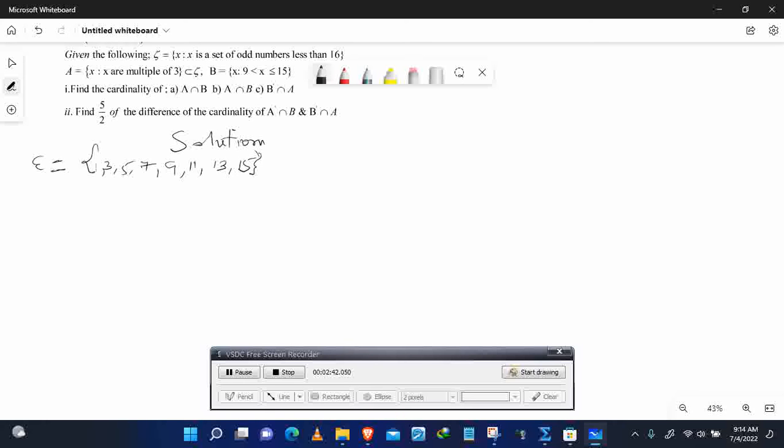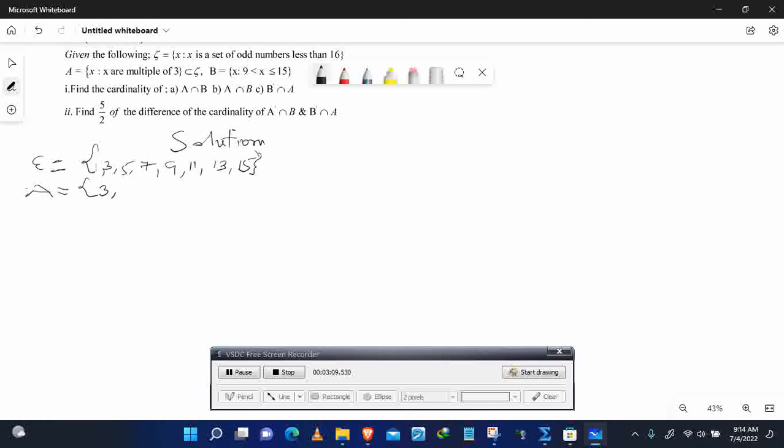Okay, so the next thing we do is to list the elements of A. We are told that A happens to be the multiples of 3. So what are the multiples of 3 that we know? We know 3 times 1 is 3, 3 times 2 is 6.